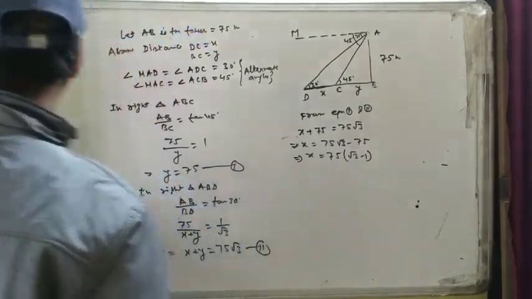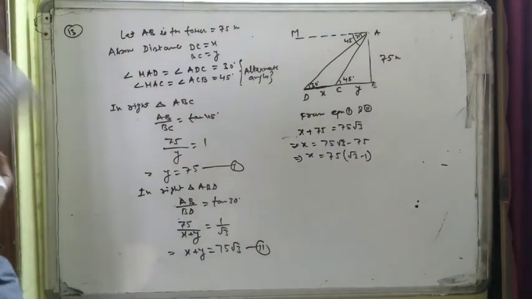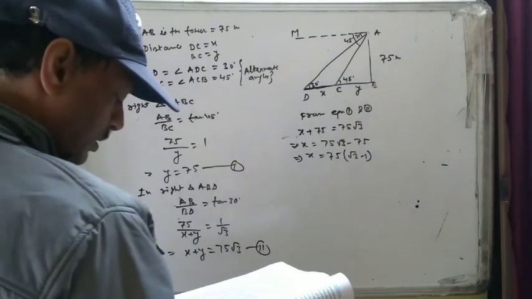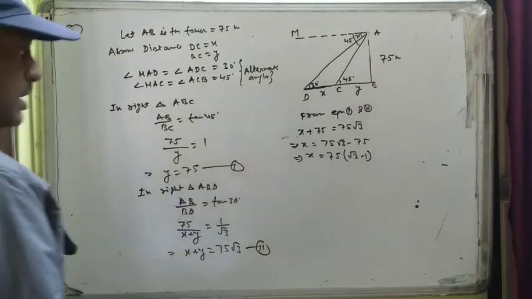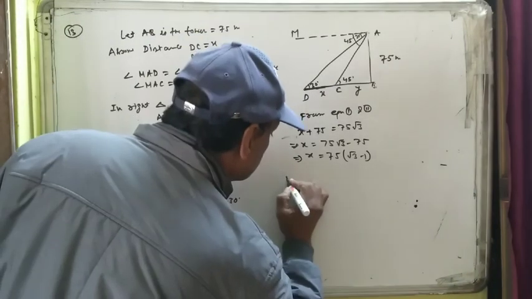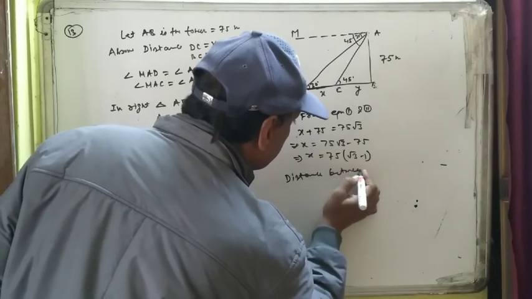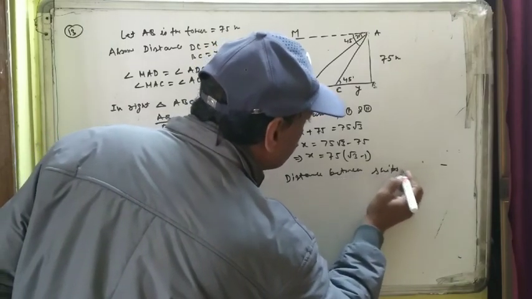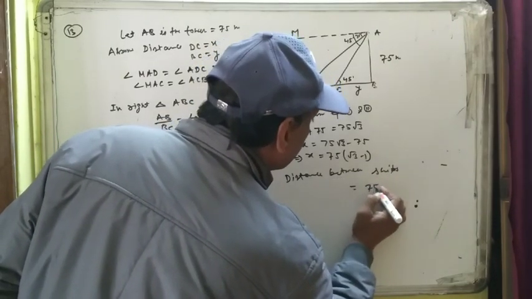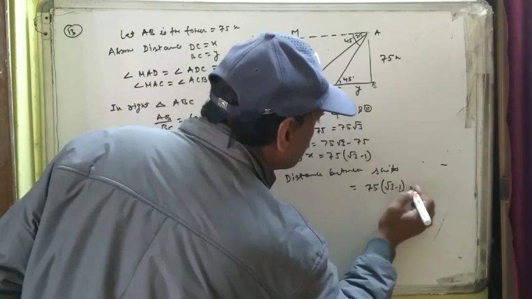So the distance between, as required in the question, distance between the ships equal to 75 (root 3 minus 1) meter.